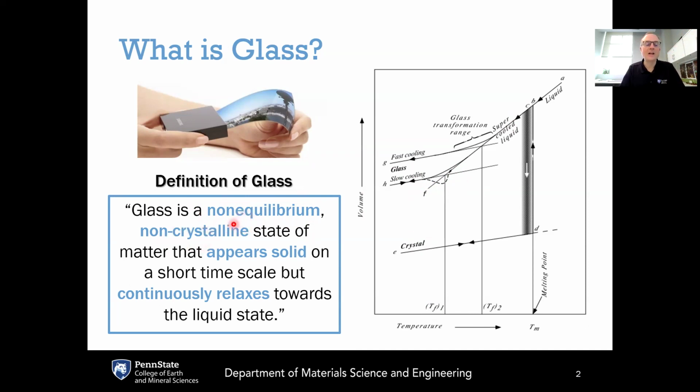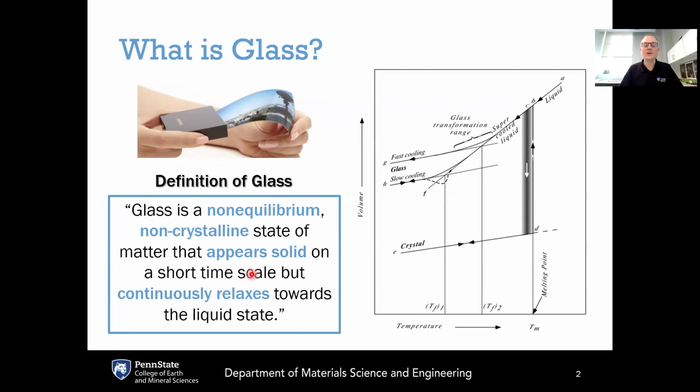So glass is a non-equilibrium, non-crystalline state of matter that appears solid on a short time scale. Why does it appear solid? The structure is like a liquid, but if you tap on the glass, it responds like an elastic solid would respond. The reason is that when you're tapping on the glass, you're probing it on a very short time scale compared to the time scale it takes the atoms in the glass to flow.